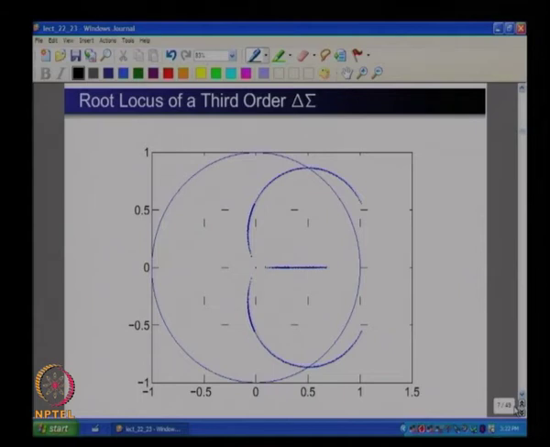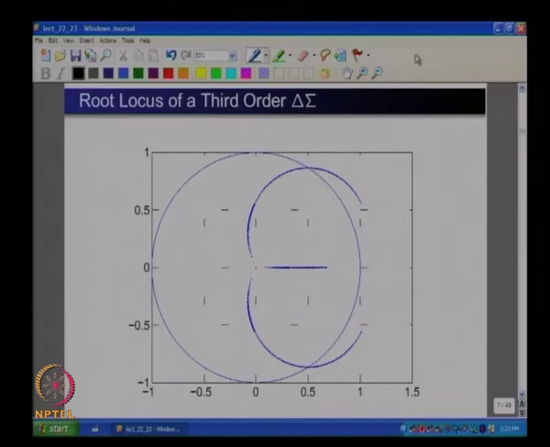I hope you are able to see this. Shown here is the unit circle. For k equal to 1, where do you think the poles are?